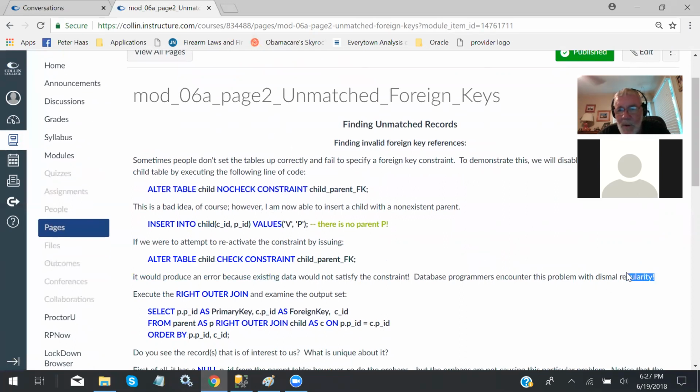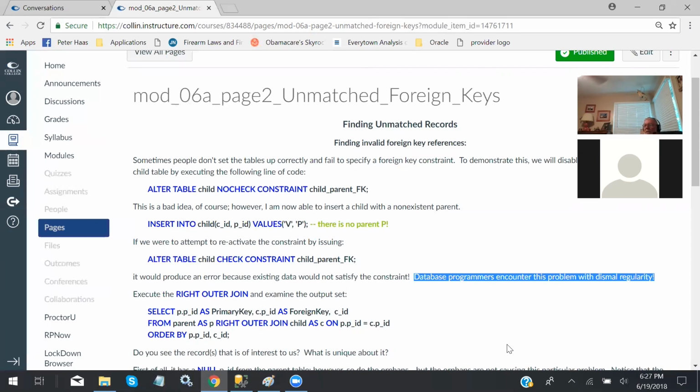Database programmers will encounter this problem. People will not enable the constraint. They will not check the foreign key.